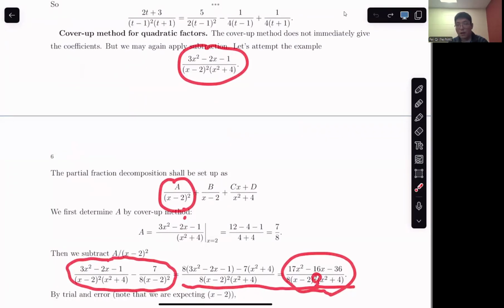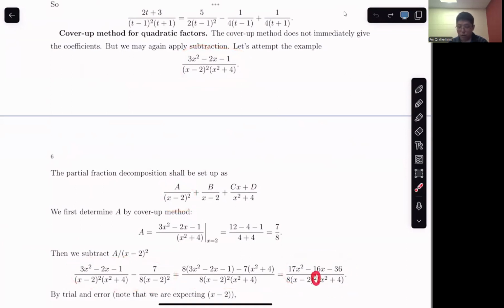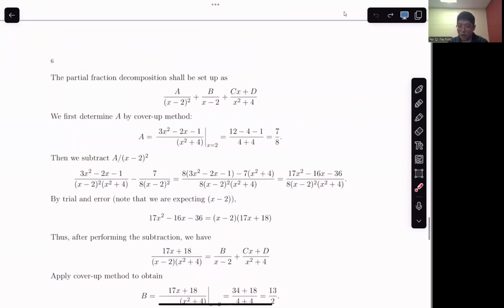But remember, if we carry out all the calculations correctly, x minus 2 squared is not supposed to appear over here. So this basically tells me that in the numerator, there should be an x minus 2 factor. Then you could use the trial and error method. You see that originally the coefficient of x squared is 17 and the constant is minus 36.